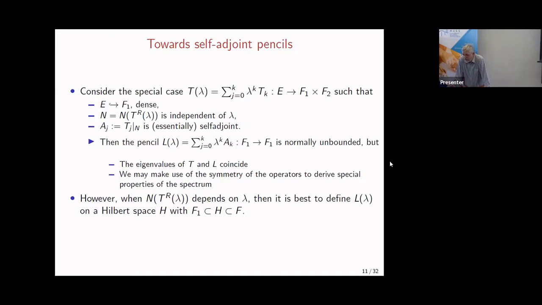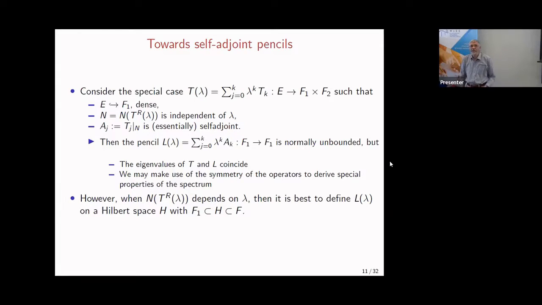Now, what happens when the null space of T of lambda depends on lambda? Then that approach is no longer feasible, and instead, one can just take our Hilbert space F1. See that first arrow there. Then we have that operator polynomial L going from F1 to F1.